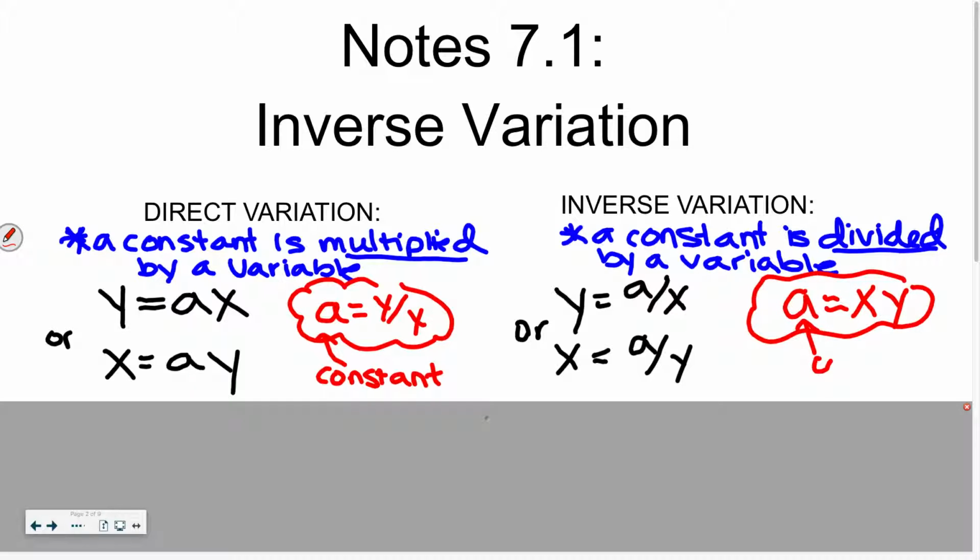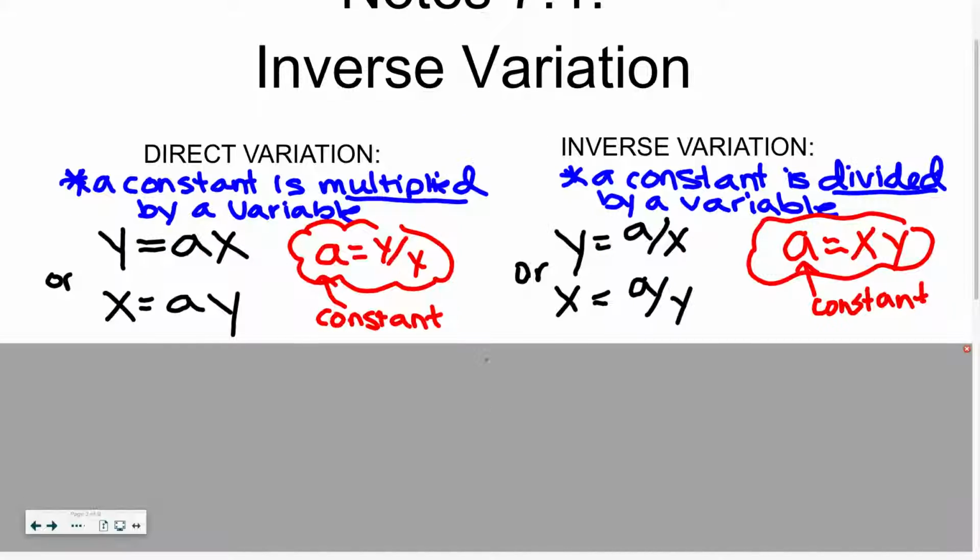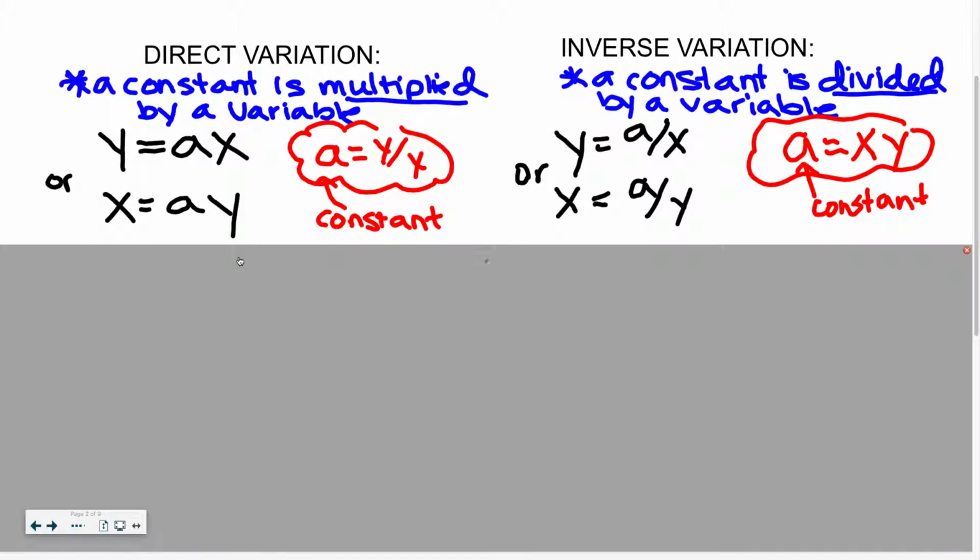That would also help you find your constant if you needed to. I'll talk more about that when I use the red. But it's just saying that the constant is equal to the product if it's varying inversely. The constant is equal to the quotient of x and y if it's varying directly.